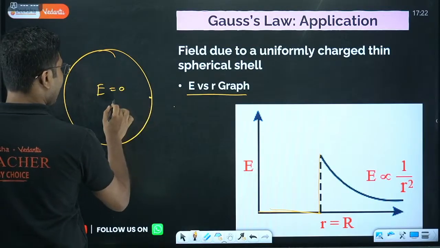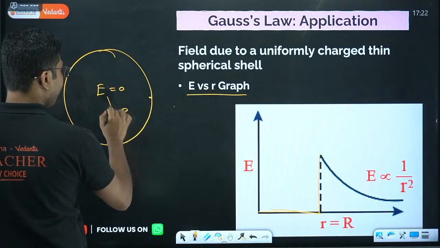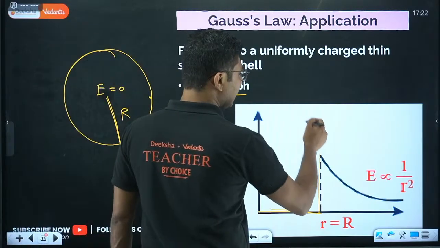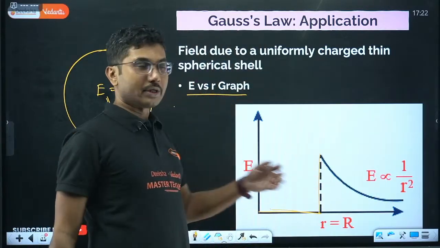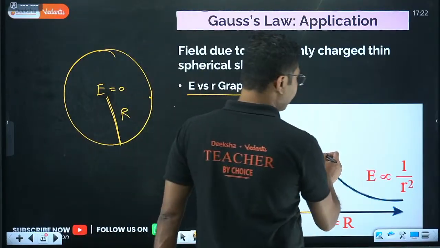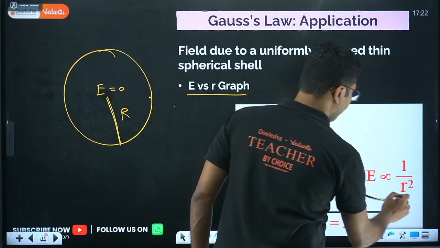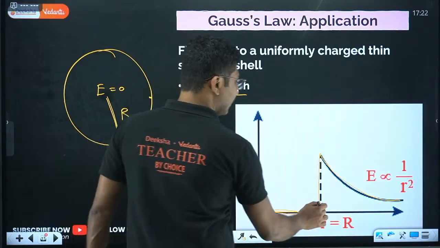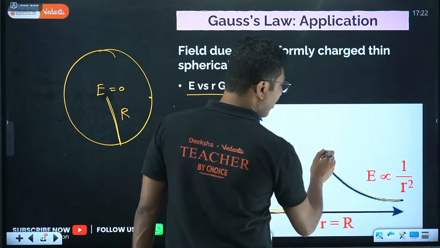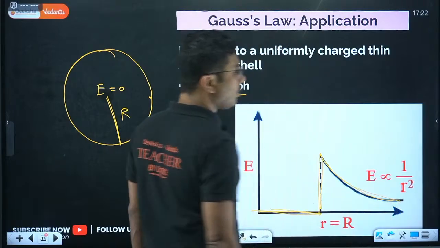Up to where? Up to the radius. As soon as you go out of the shell, starting from the surface, the electric field decreases with 1 upon r square. So inside it is 0, suddenly it goes up to a value at the surface, and from there onwards it decreases as 1 by r square.